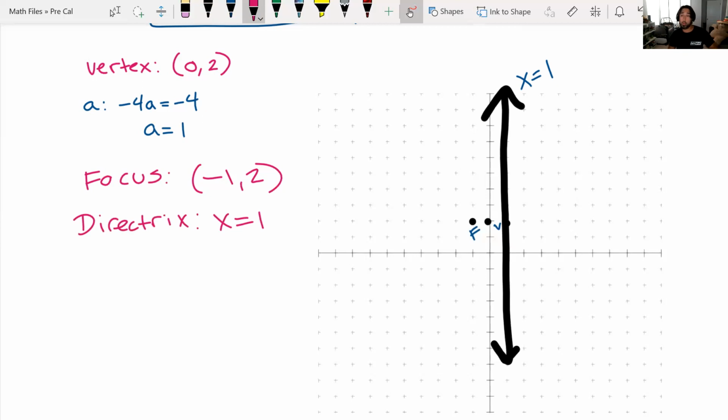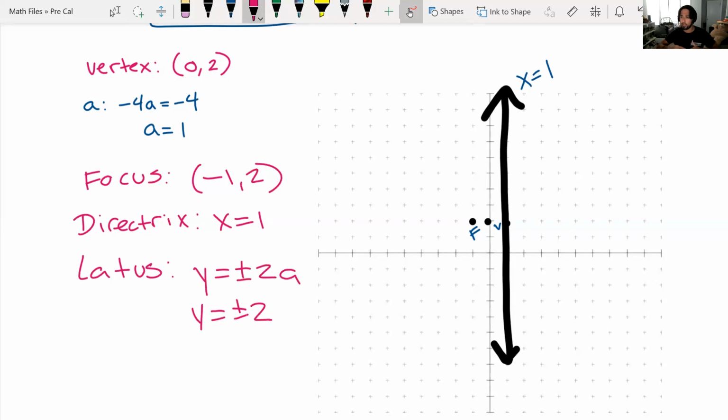Okay, we have the equation, we have the vertex, we have the focus, the directrix. All we need is the latus rectum, and we will get that formula again, y equals plus or minus 2a. Since our a value is 1, we get y equals plus or minus 2.